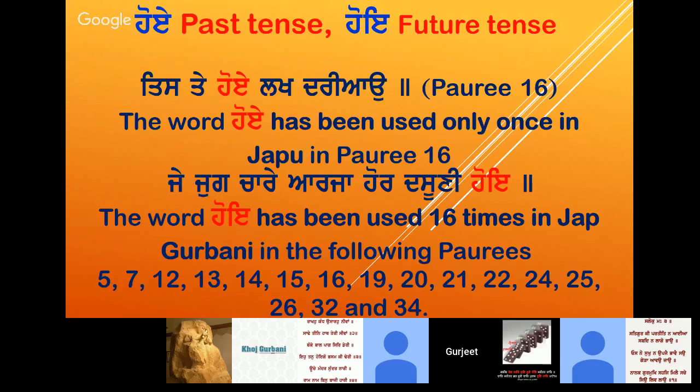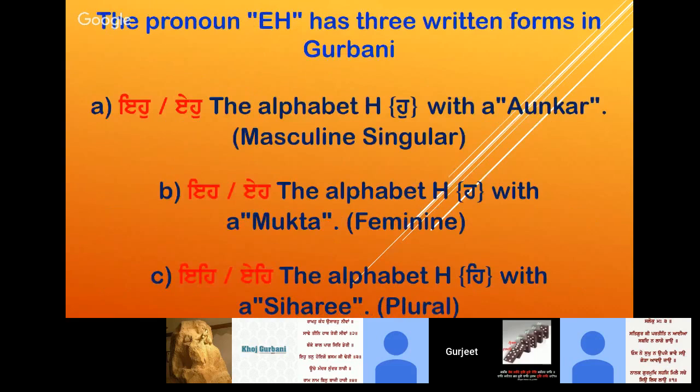But if we both read hoy, then we are grammatically creating a blunder. We have to understand that Gurbani was written with all these very, very minute points, which we need to stick to because they make a big difference when you want to understand the translations.